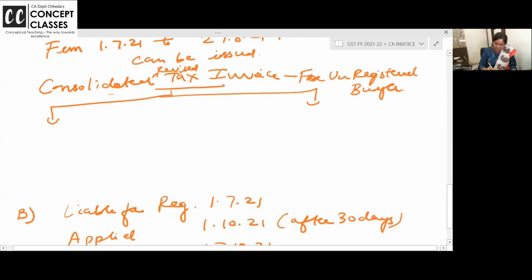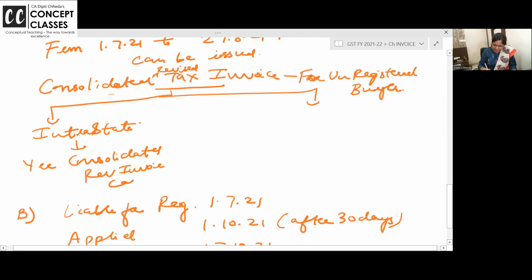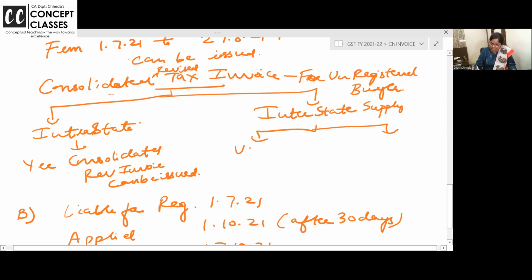Now, if it is intrastate, yes, a consolidated revised invoice can be issued. It is intrastate. If it is interstate, if you have sold your goods interstate, then the value of supply, what limit did I tell you?